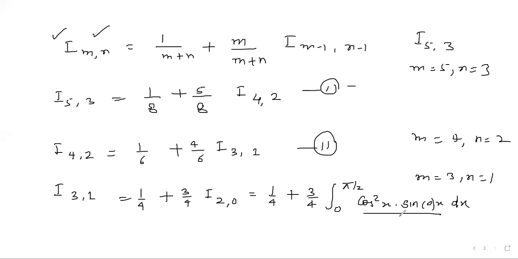If this term becomes 0, then we don't have to evaluate it. We will get just 1 by 4. So we can say I_(3,1) is equal to 1 by 4.